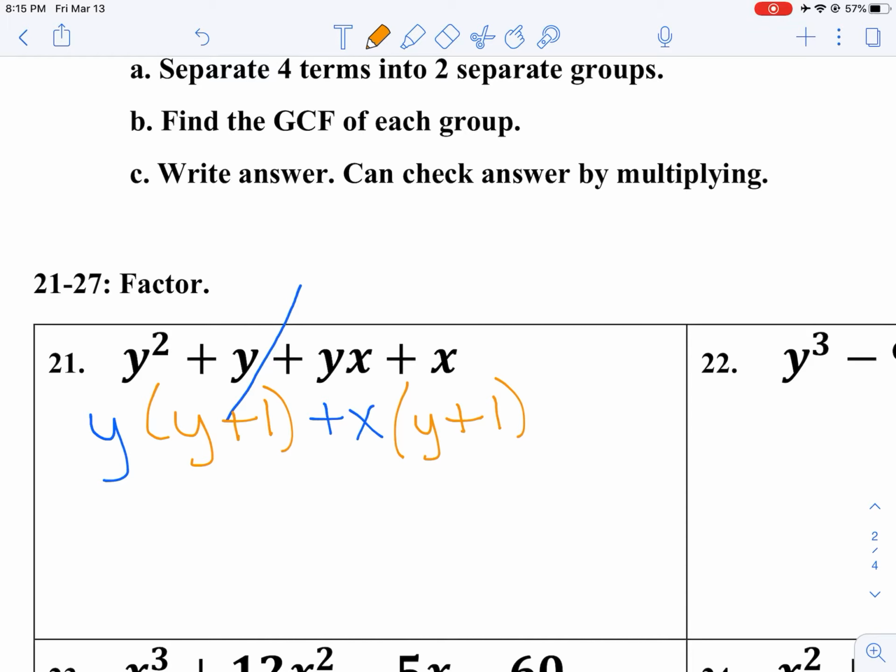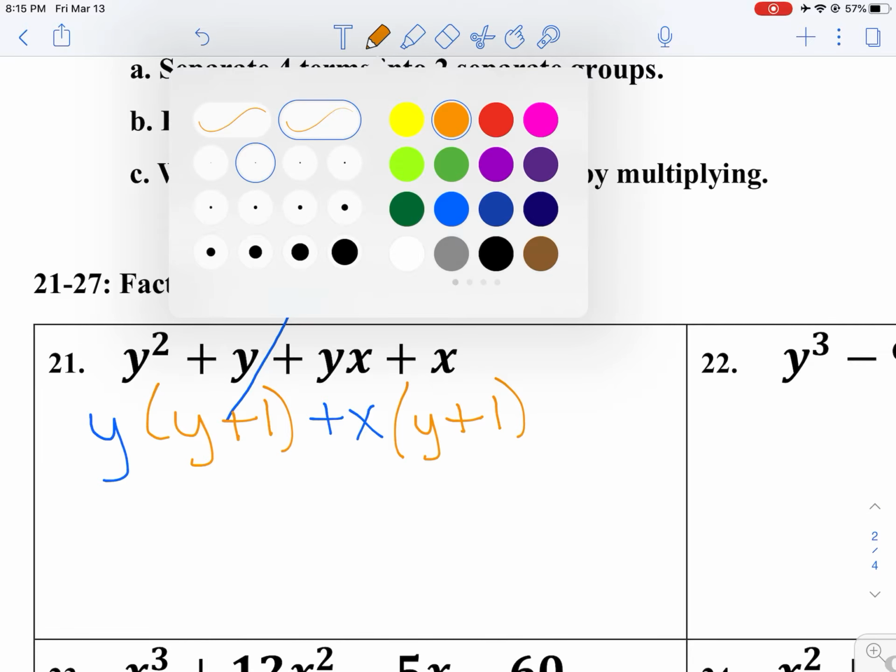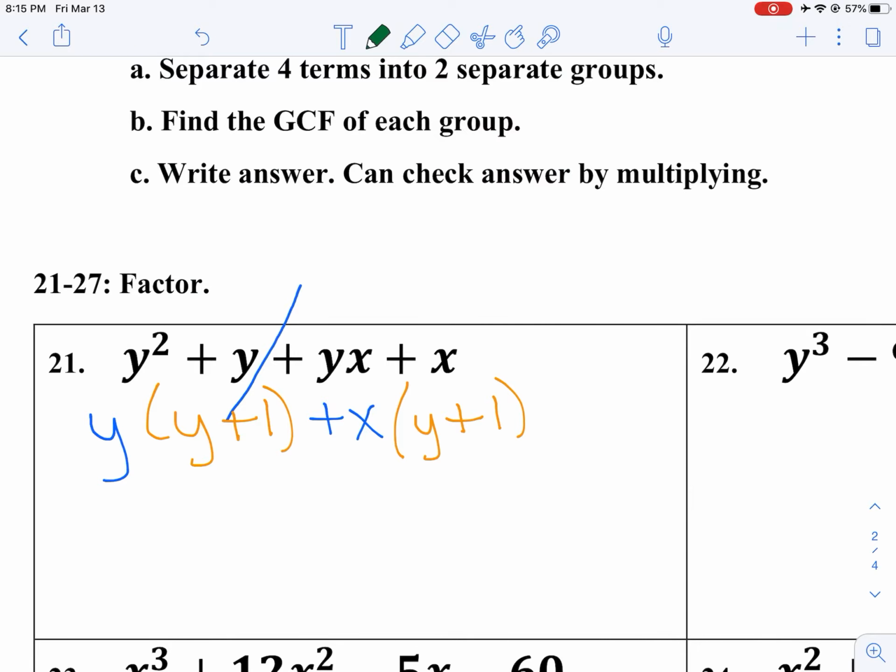Now, I purposely wrote it like this because do you notice that the orange, or burnt brown or whatever color that is, these are exactly the same. And because they're exactly the same and these are multiplied together, I can factor them out.